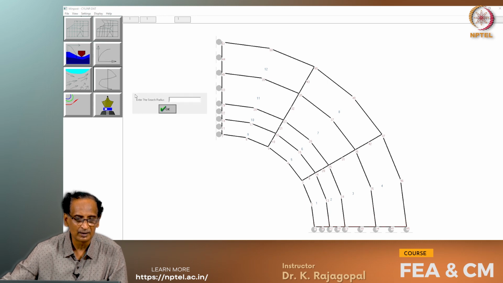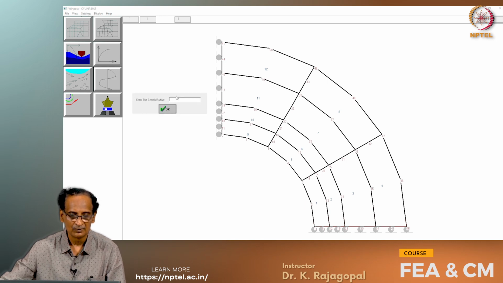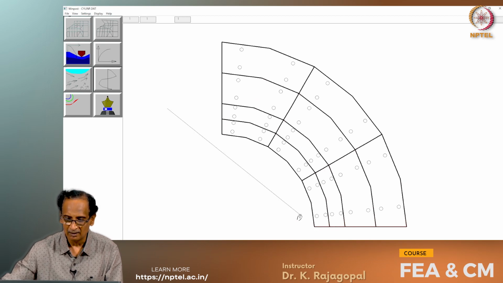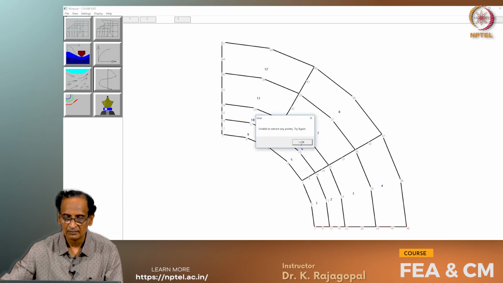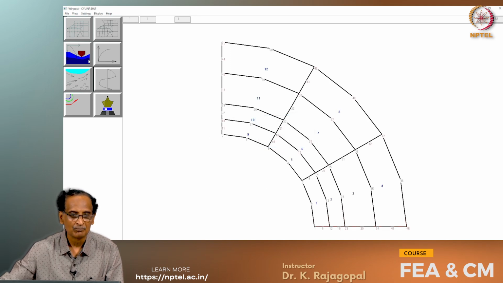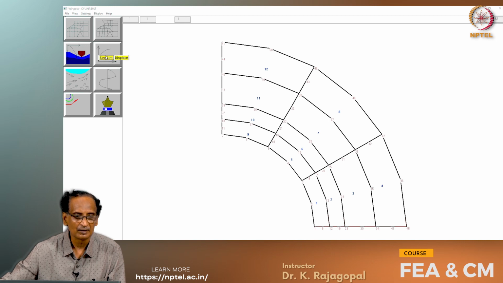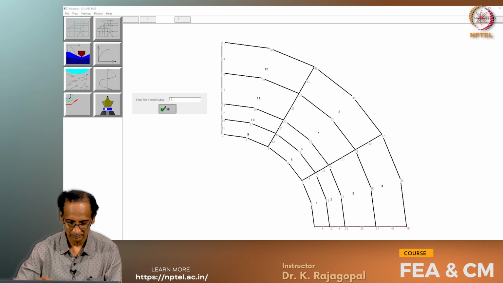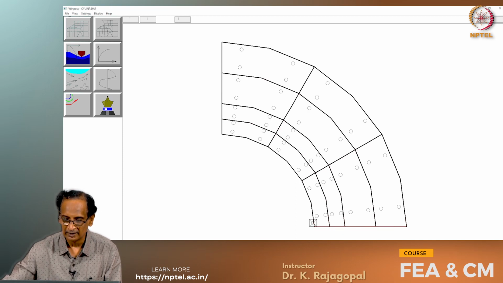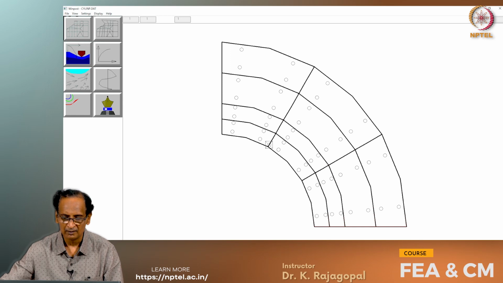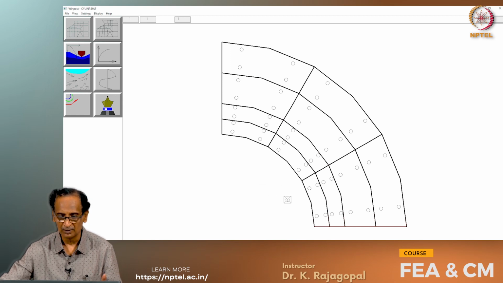Let me plot sigma x. We can select the integration points. Okay. So, these are all the points where the stresses are computed.